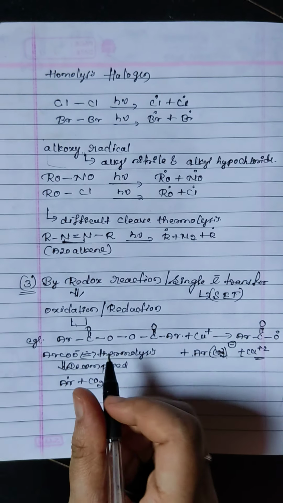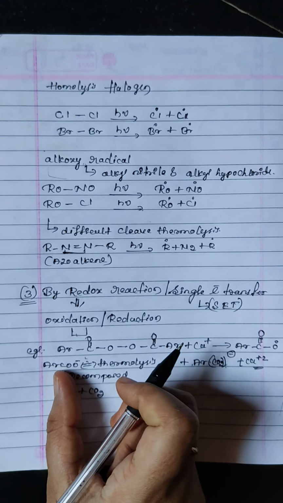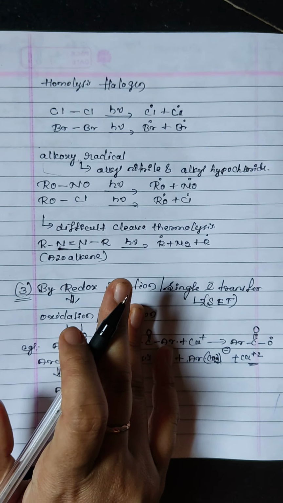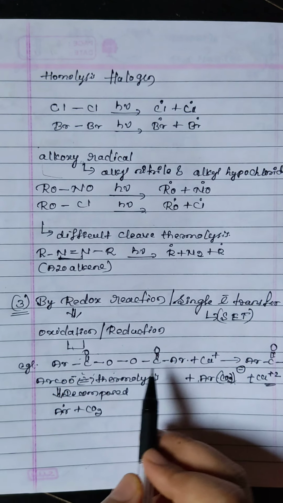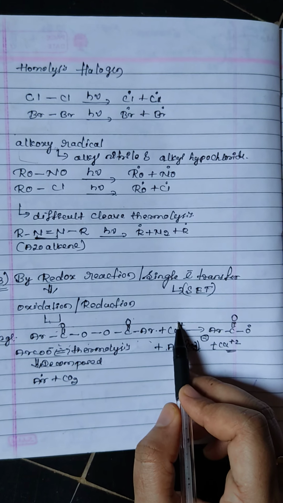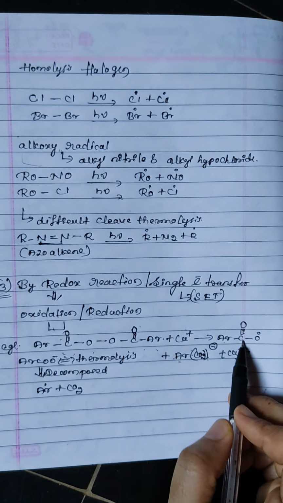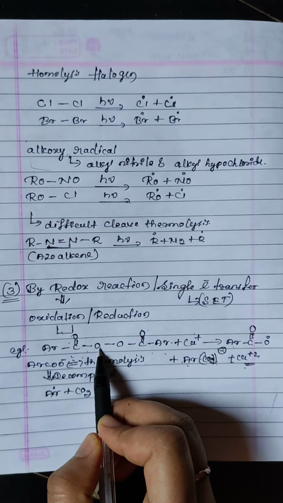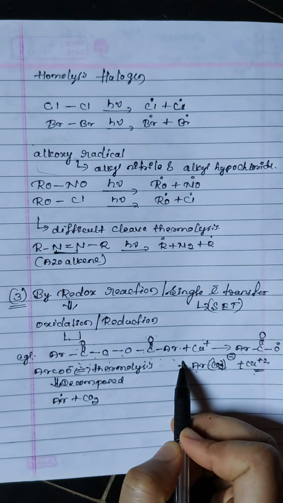This is the first example of oxidation and reduction: a variety of oxidation and reduction occur in redox reactions. Copper changes from +1 to +2, and the product Ar-CO2 is formed along with Cu2+.